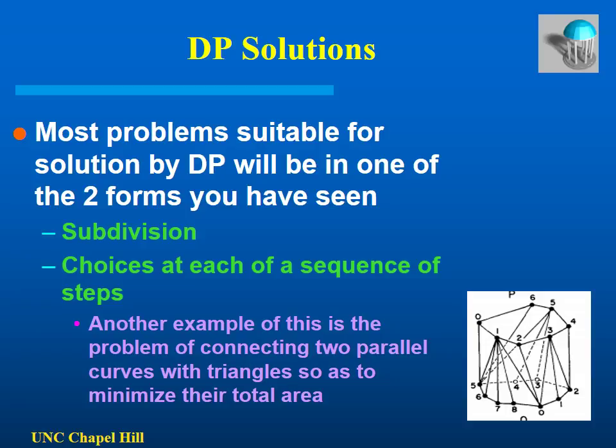Another example of the latter type of problem is the problem posed at the beginning of the previous video, where you have two parallel polygons and you want to tile between them with triangles in such a way as to minimize their total area, and where you're given one initial top vertex to bottom vertex connection.